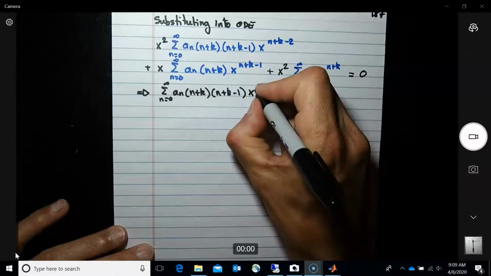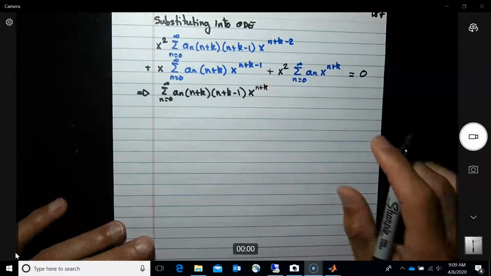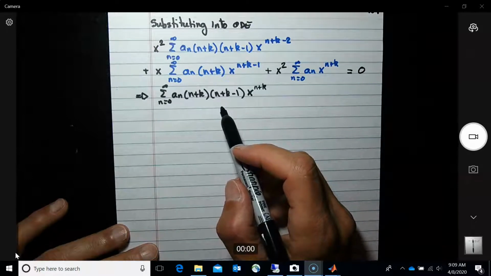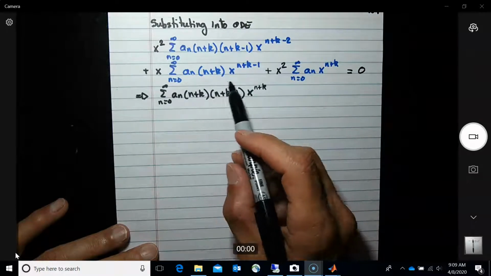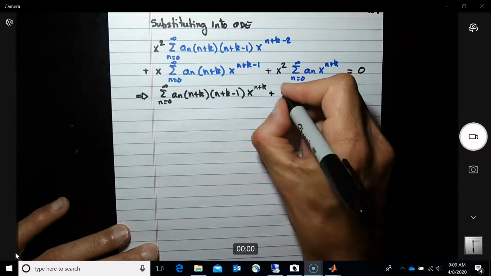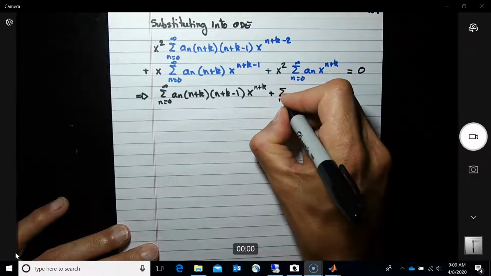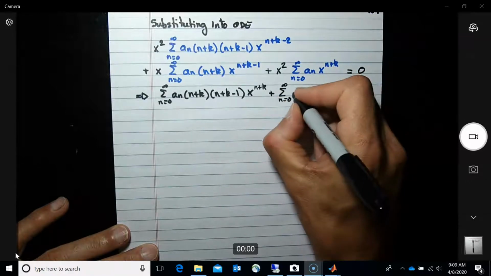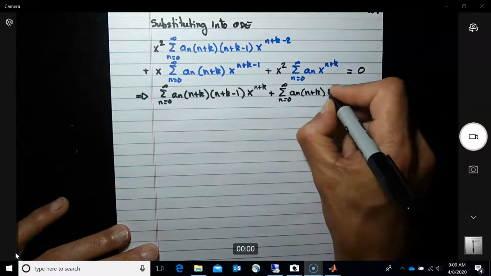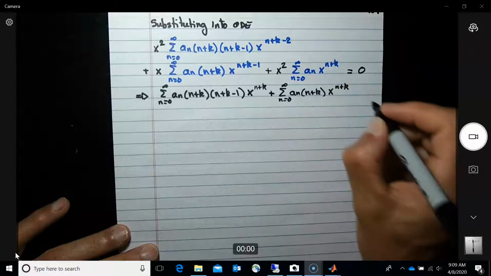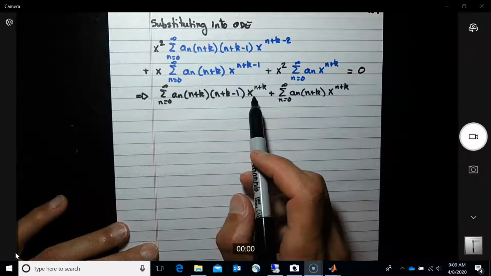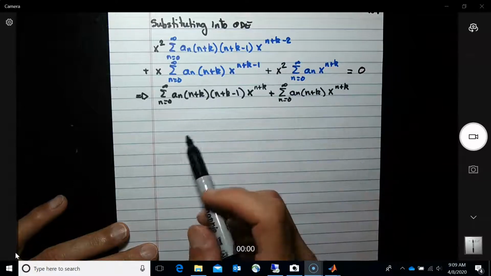So we end up with x to the n plus k. Now for the second term, this x will cancel the minus 1, so plus the summation n equal to 0 to infinity of a sub n times n plus k times x to the n plus k. Alright, so far that's convenient because we have both of them with x to the same power.